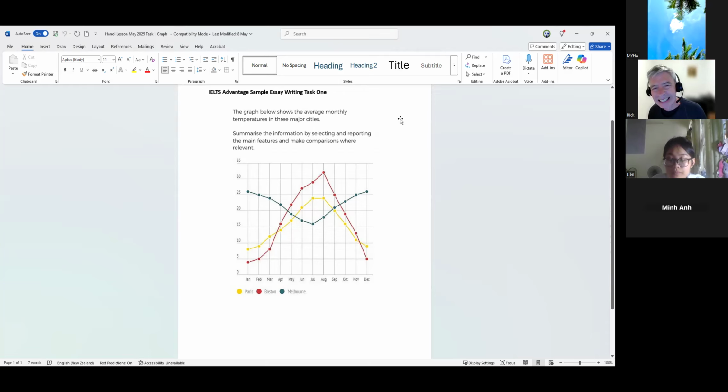Viet Tien, can you think of any way of paraphrasing the phrase average monthly temperatures? There is a way. Temperatures in every month. Oh, getting close. Very close. I would say average temperature changes every month.